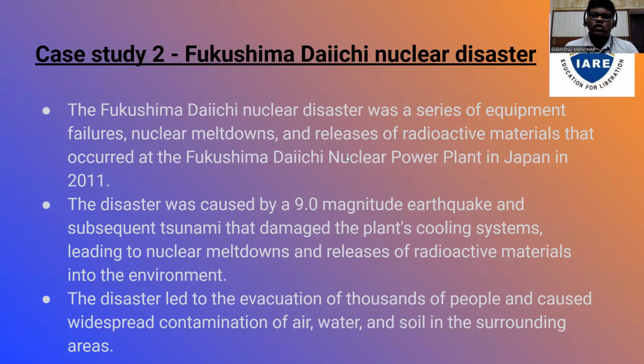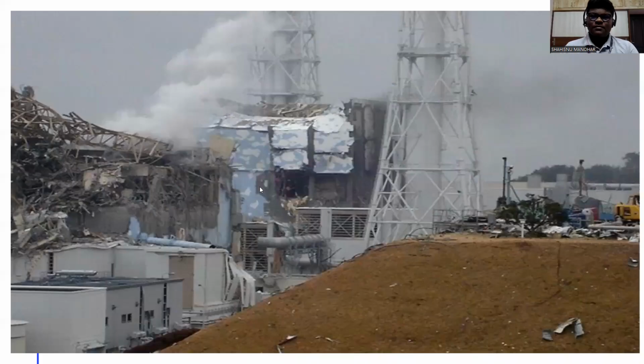The disaster was caused by a 9-magnitude earthquake and subsequent tsunami that damaged the power plant's cooling systems, leading to nuclear meltdowns and release of radioactive materials into the environment. The disaster led to the evacuation of thousands of people and caused widespread contamination of air, water, and soil in surrounding areas. Here is an image of the Fukushima Daiichi nuclear disaster.